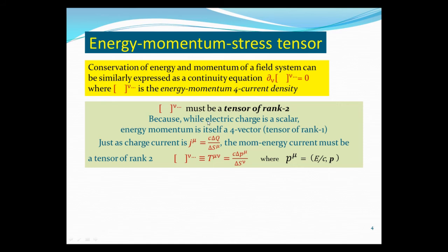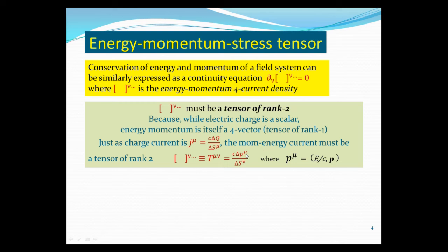For current, the electric charge is a scalar, so when you divide by the three-volume, you get a vector. But for the energy momentum current, the quantity itself is a vector, p mu. So when you talk about this amount of quantity per unit three-volume, which also has an index, you end up with something with two indices. So that's a rank 2 tensor.